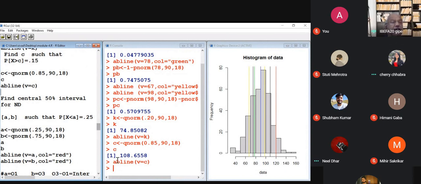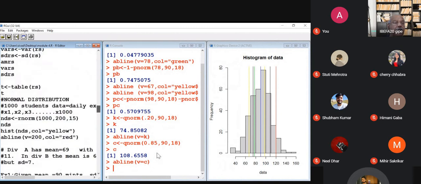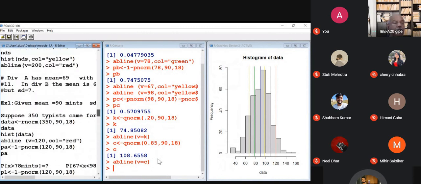So if I say 50% interval, then what will you do? You find the 25th percentile and the 75th percentile and you find the range. Finished. That's all. Meaning, sir, that our maximum data would lie within that range, right?